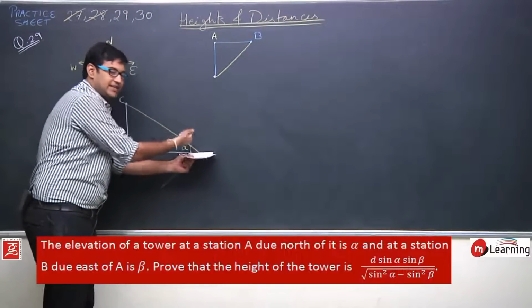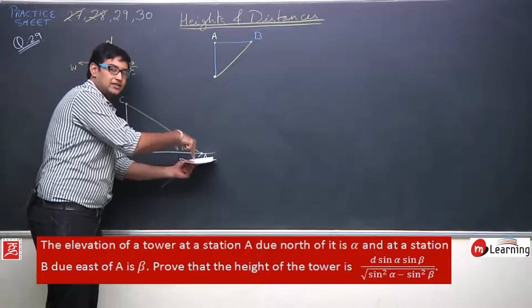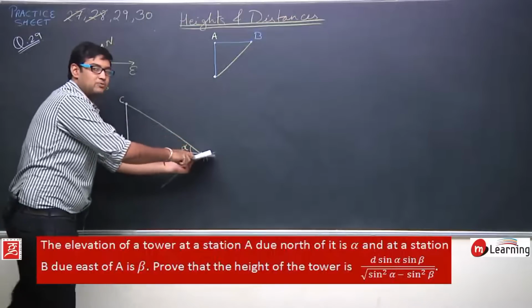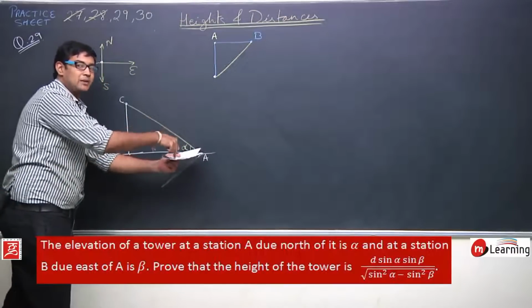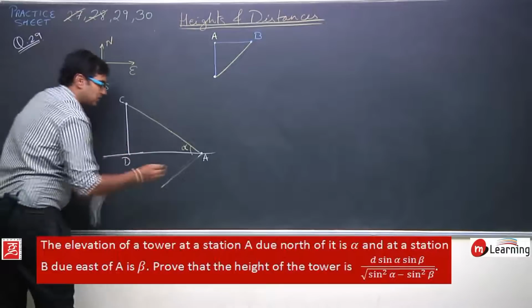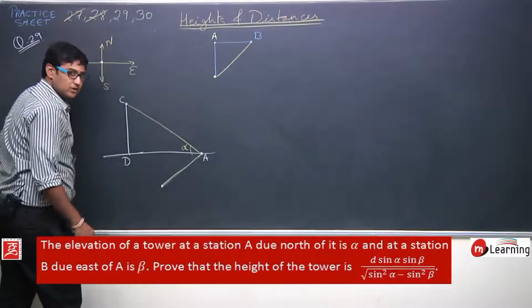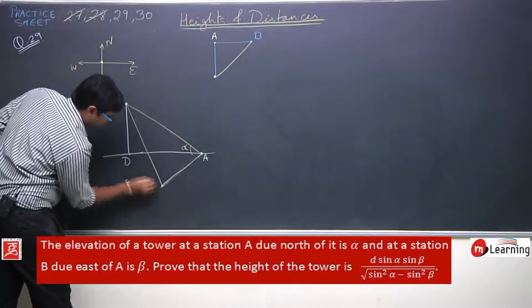It is east of point A. So this is the point A and this is the point B. I can mark this point here, and from this point I am observing the top of this tower. So to draw this B point on this plane in a 3D view, I can draw it like this, and this is the angle of elevation.